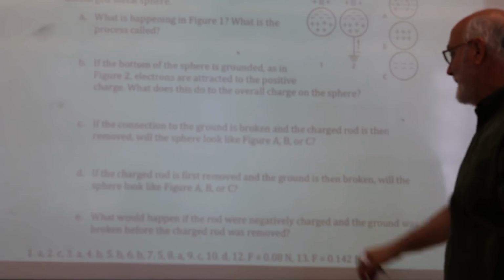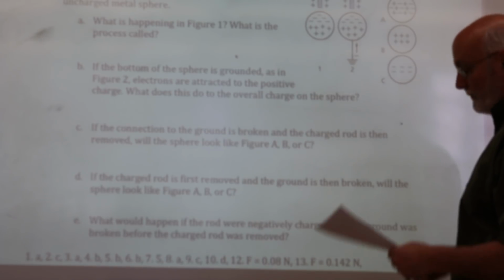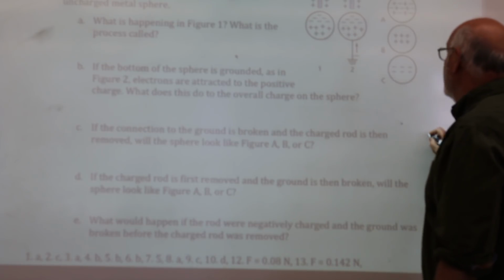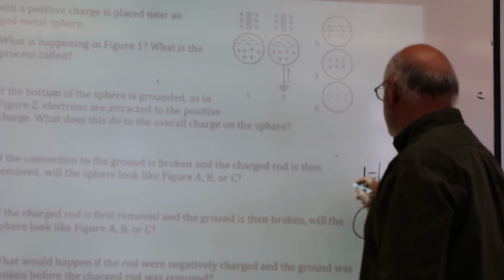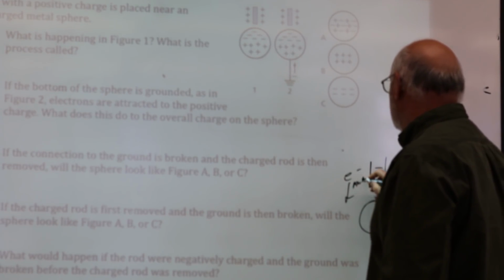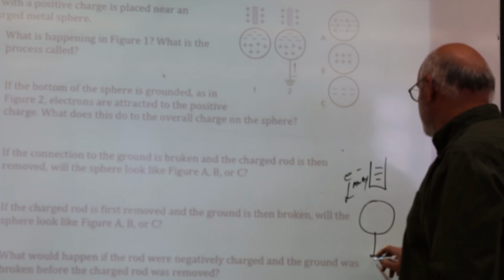Last one. What would happen if the rod were negatively charged and the ground was broken before the rod was removed? Okay? Well, let's draw. So now we've got a negative charge. Here's our sphere. This guy's saying, electrons go away. And this is grounded, it says.